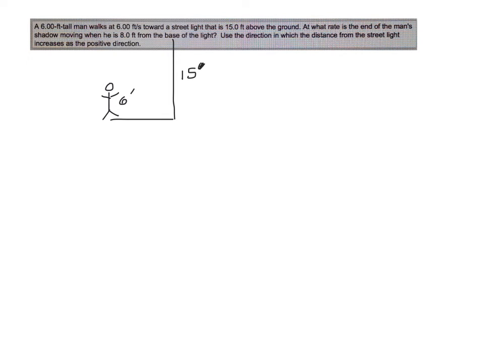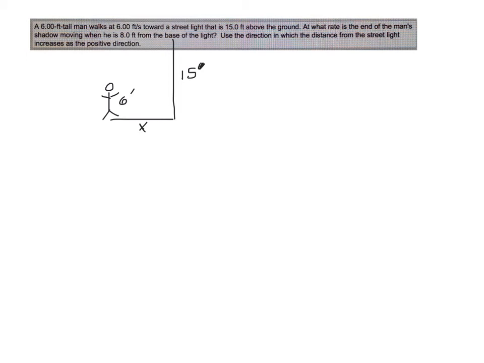So those little marks there are feet marks, not derivatives. And so this distance right here, how about I'll call it x.